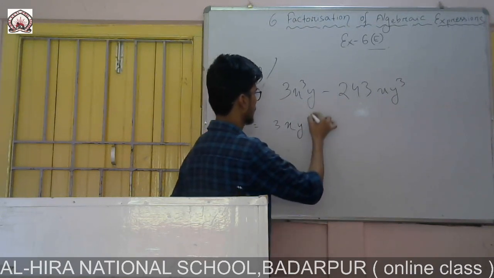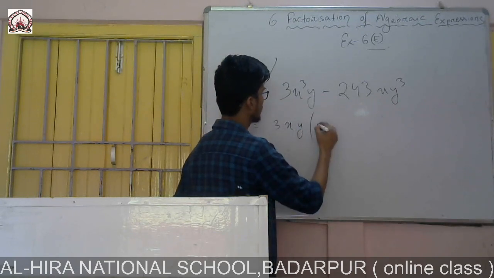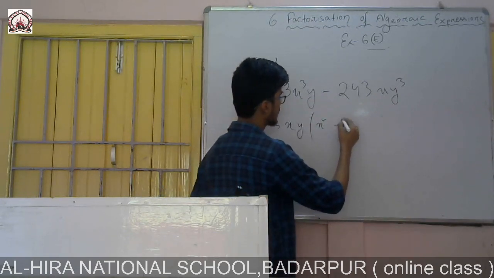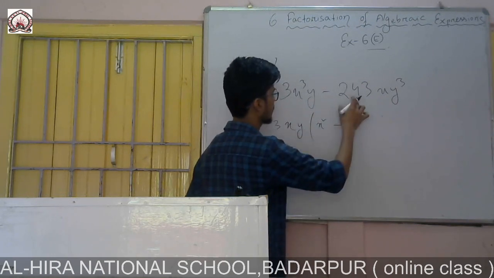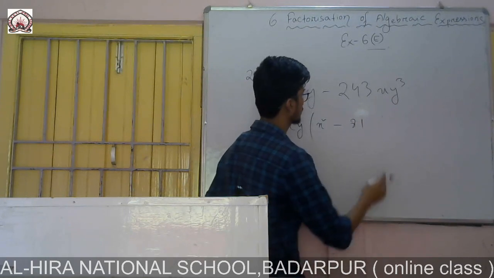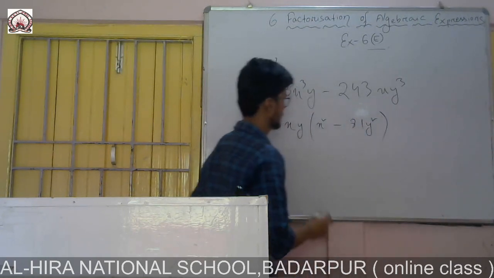Okay. So now after taking 3xy common, only x square is left, and on that side if I divide this one, it will be 81, yes, 81, and there xy I have taken, so only y square left.